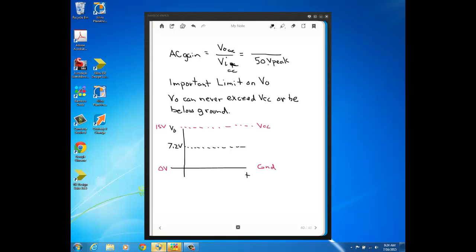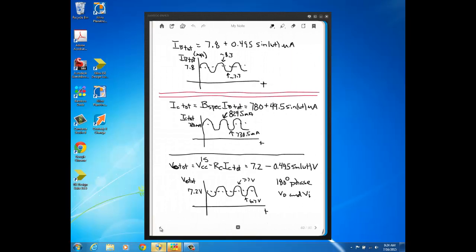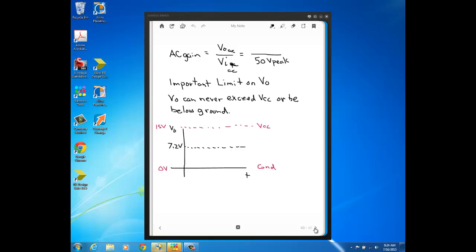Since we're using peak for V in, we'll do the same thing for V out. If we look at V out, here's our peak AC, this 0.495, which is the same as 495 millivolts.